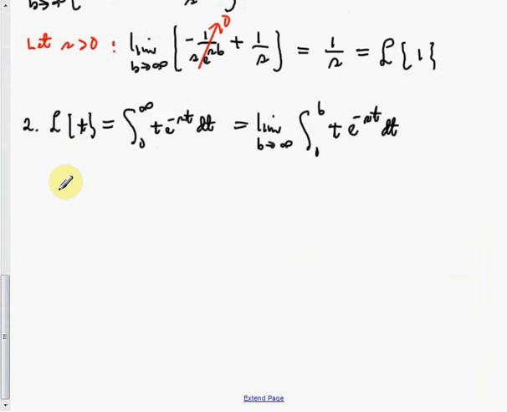So we use integration by parts to integrate that. And for me, I found it easier to use the tabular method, which is the shortcut for integration by parts.